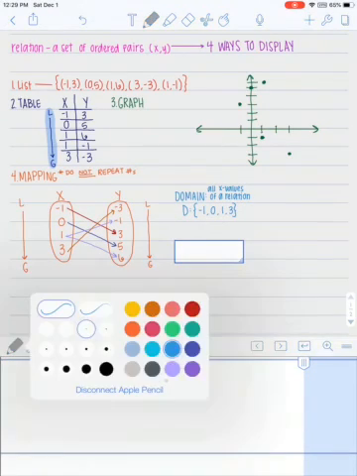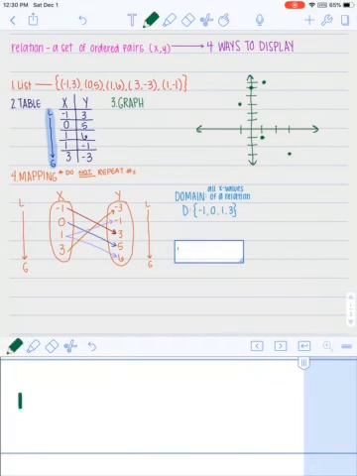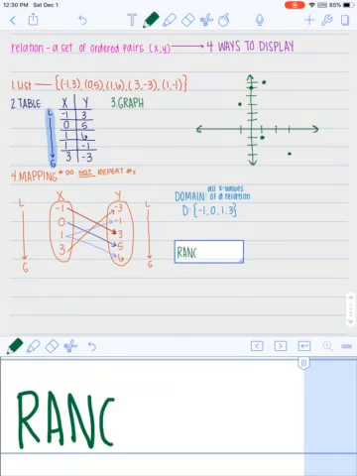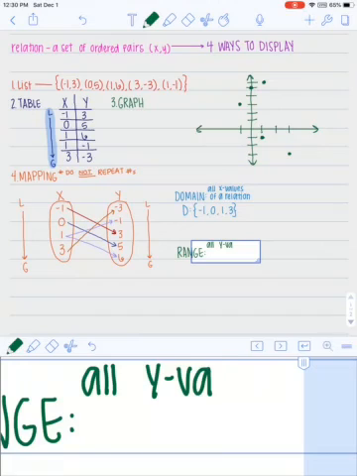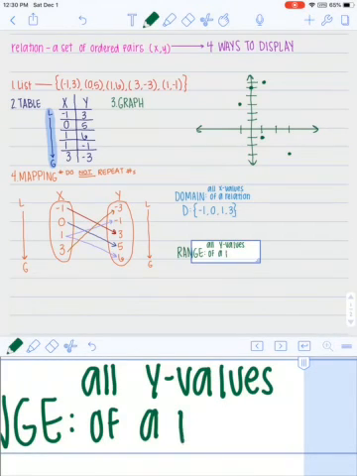To represent our y values, I'm going to write the range. So domain represents all x values, range all y values of a relation. All y values of a relation.